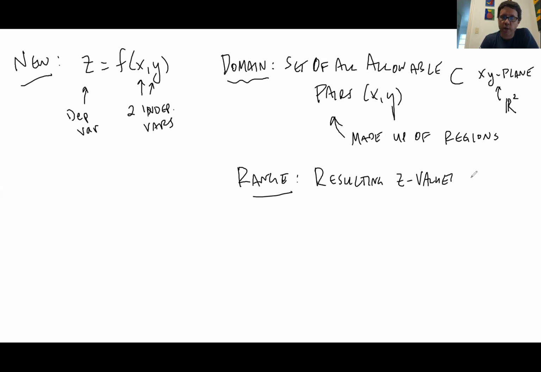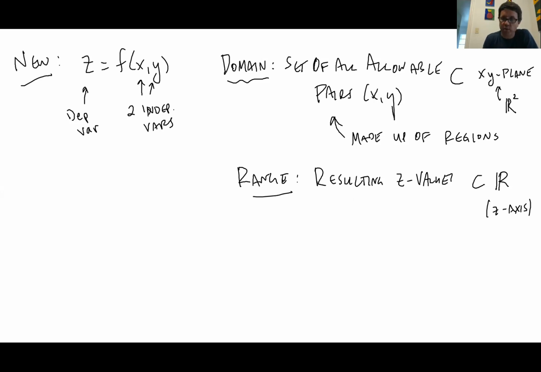And so those are just real numbers. It'll be a subset of the Z-axis. So you can think about it, these are real numbers, but it's really just a subset of the Z-axis. Maybe 0 to 5 or something like that.